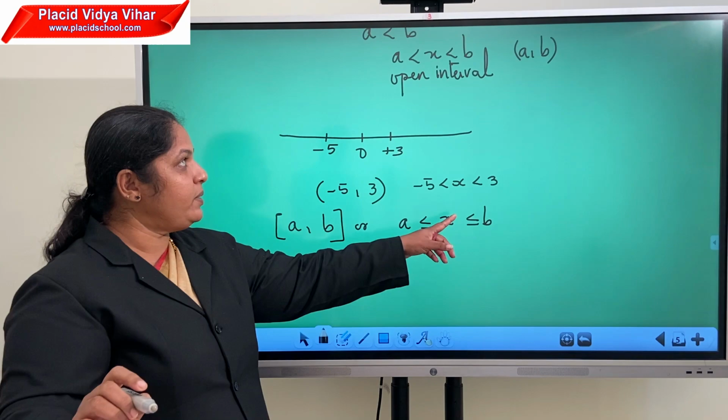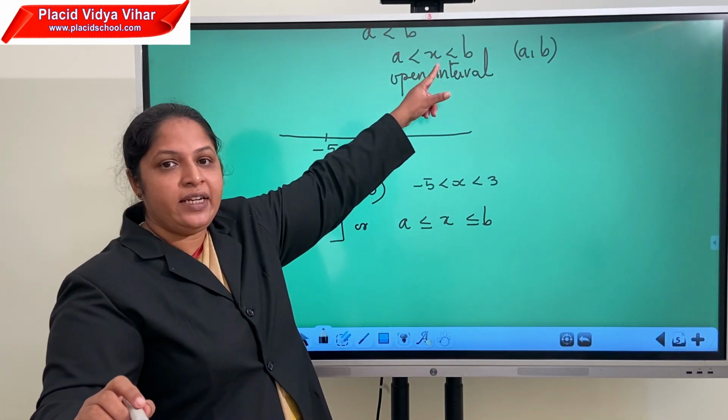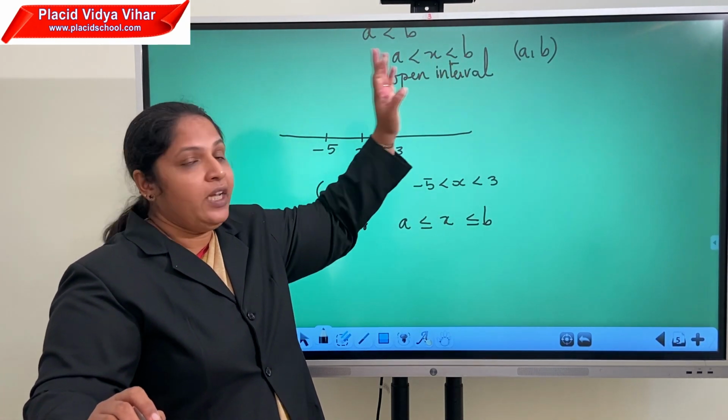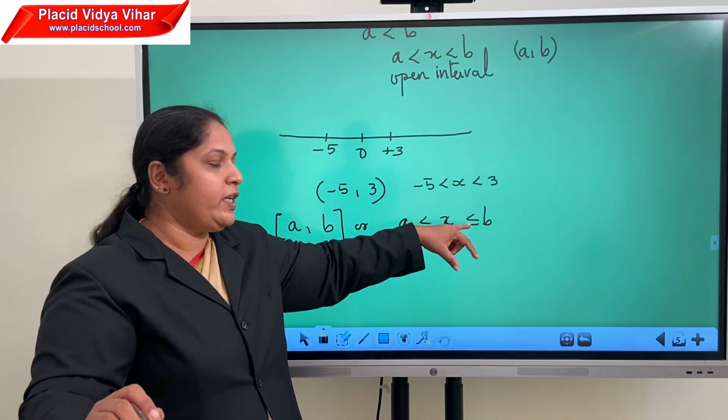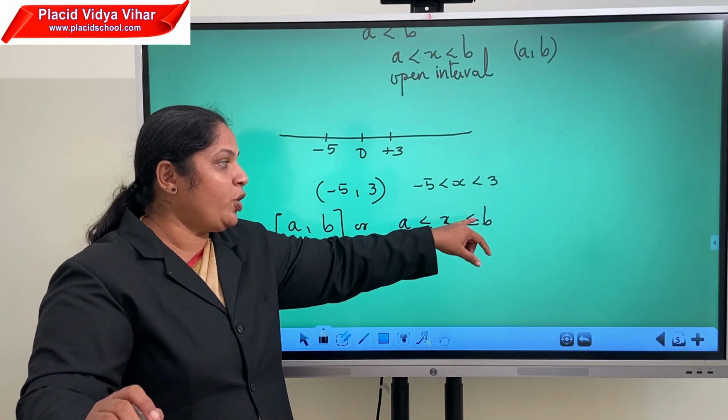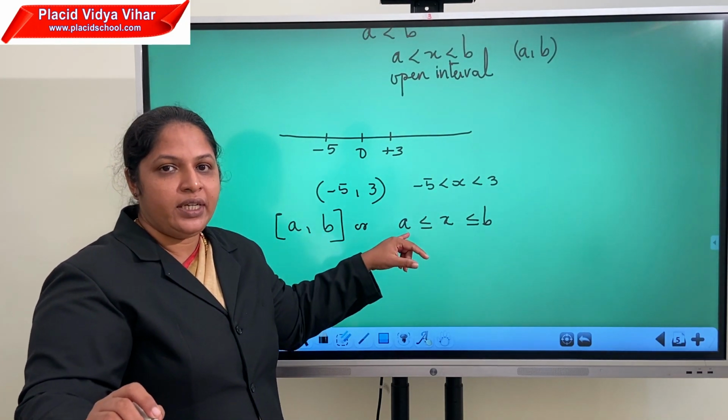Look at the inequality symbol. Previously it was simply less than, then a and b were not part of that interval. Here it is less than or equal to. Hence the end points also belong to the interval.